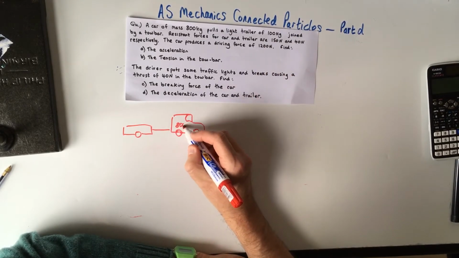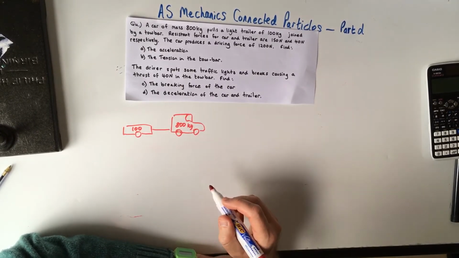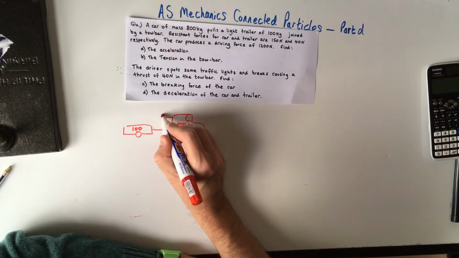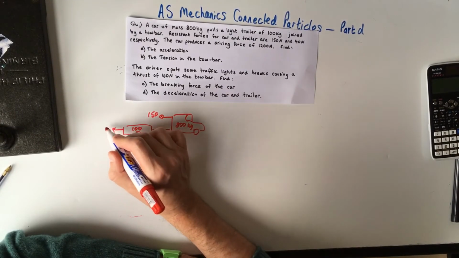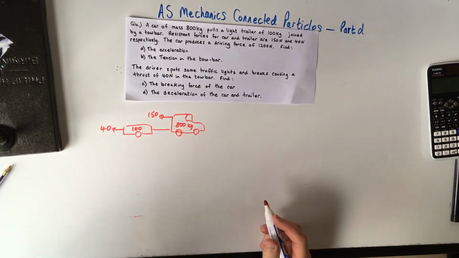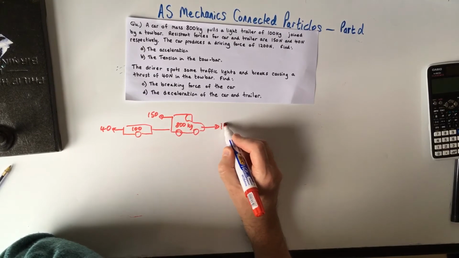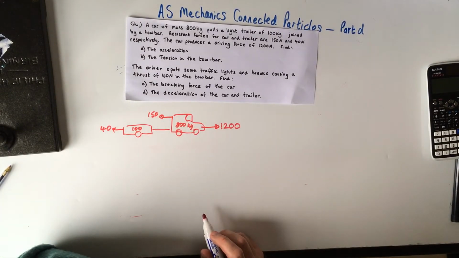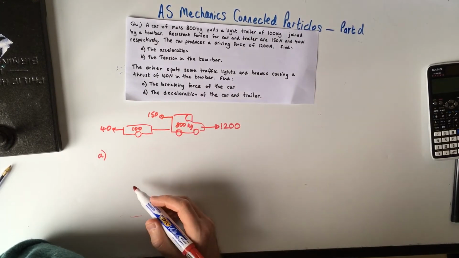This is 800 kilograms. This is 100 kilograms. We've got some resistant forces, so 150 for the car, 40 for the trailer, and a driving force of 1,200 newtons. So part A, the acceleration.